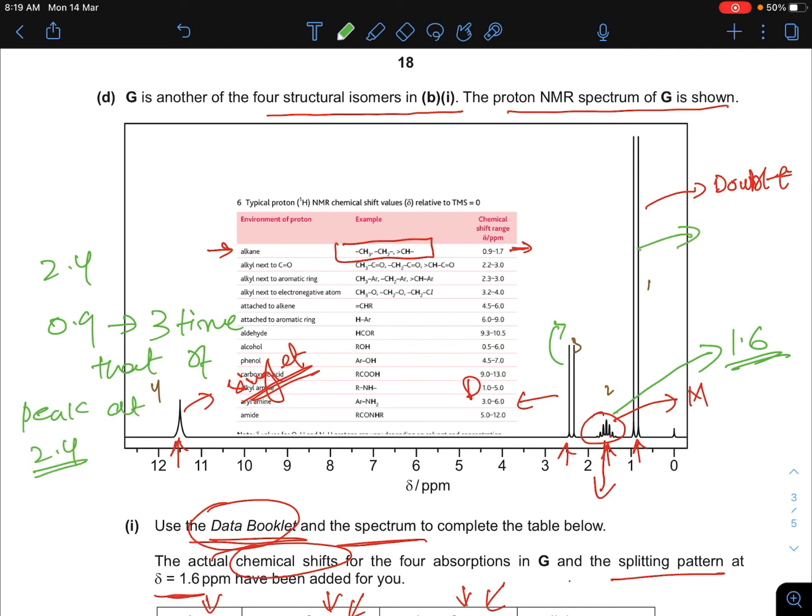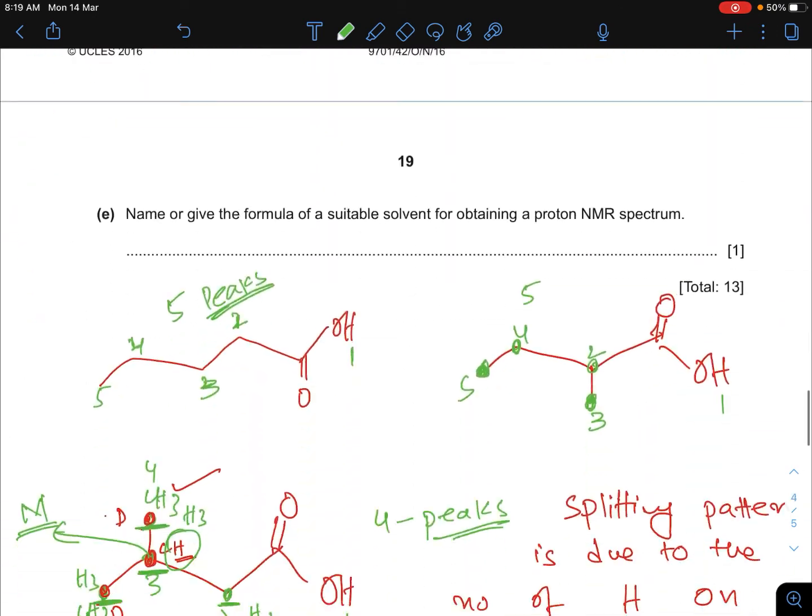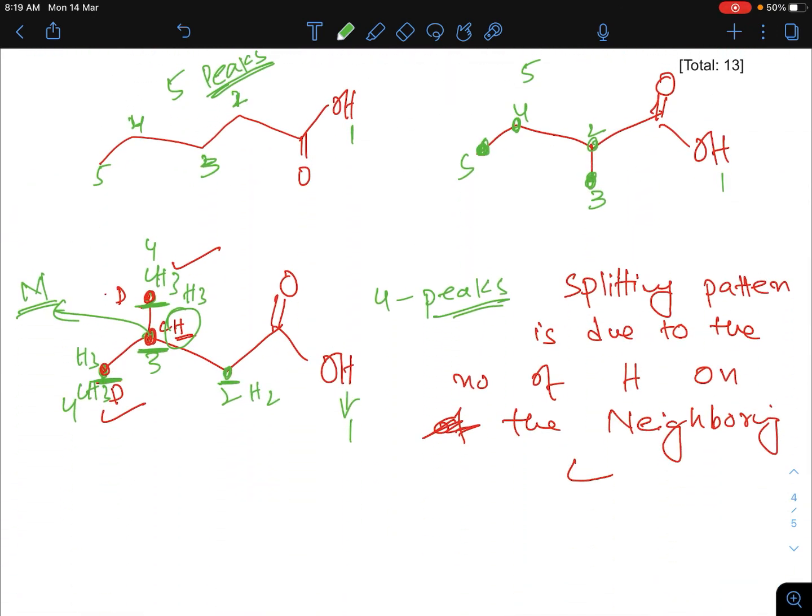So that means if this peak has 6 hydrogen atoms, this peak would have 2 hydrogen atoms, because there would be 3 times fewer hydrogen atoms, right? So it would give a doublet and would have only 2 hydrogen atoms.